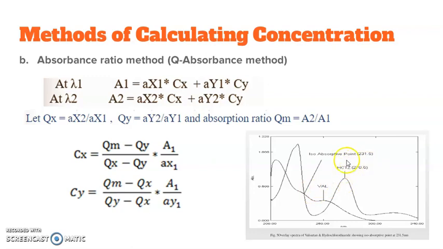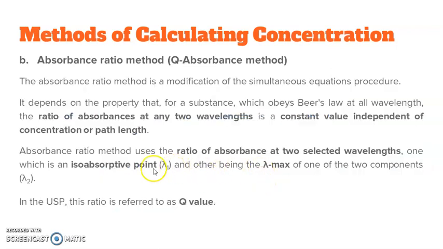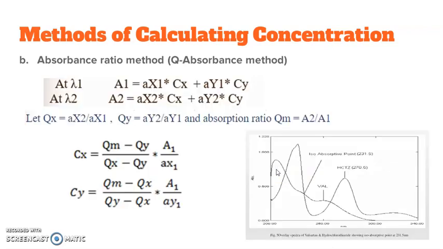In this particular case, they have chosen 270 nanometers of hydrochlorothiazide. So we have both the lambda 1 and lambda 2 values. One is the isoabsorptive value or the isosbestic point. The other one is the lambda max.